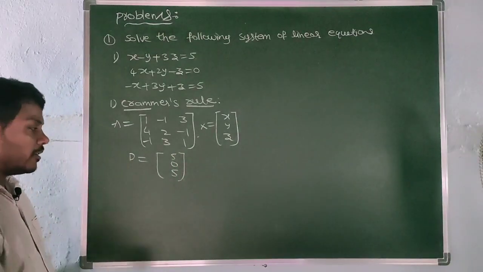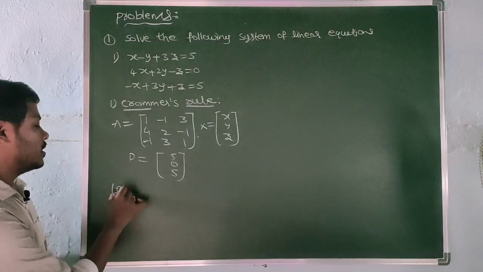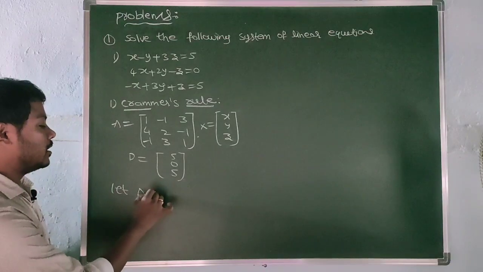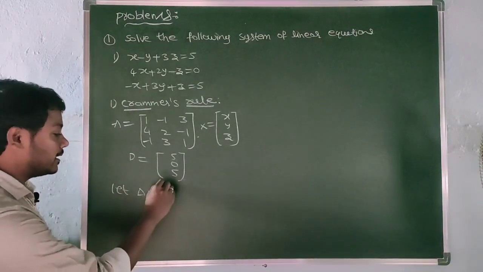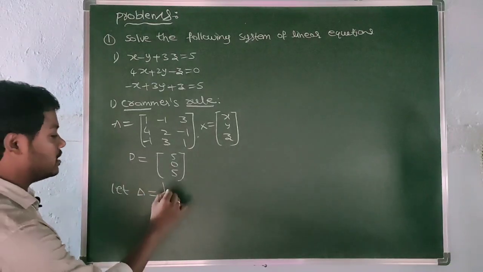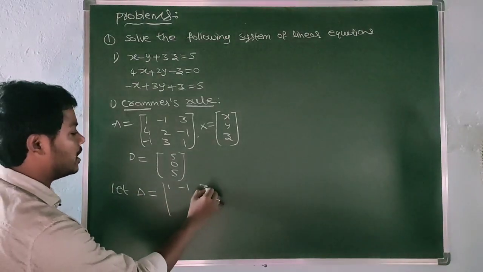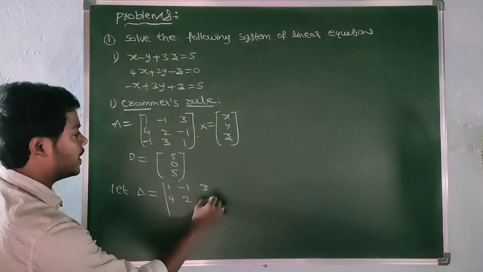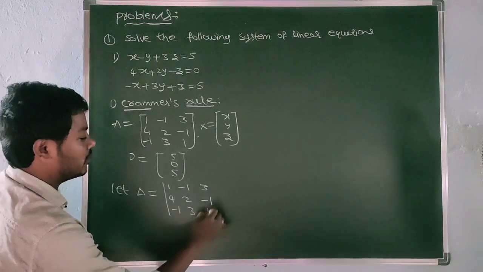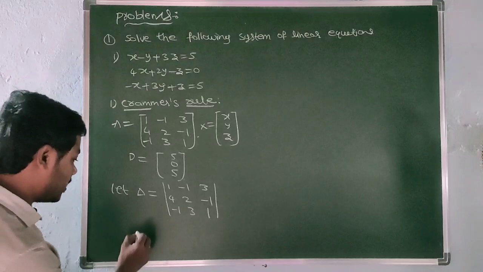In this method, first assume delta is determinant of A, that is 1 minus 1 3, 4 2 minus 1, minus 1 3 1. So now find this determinant.